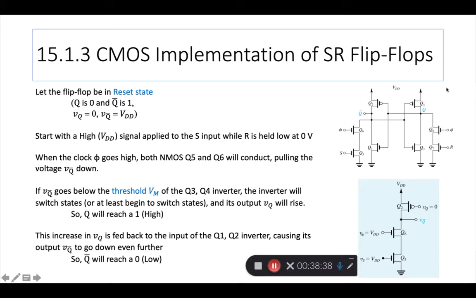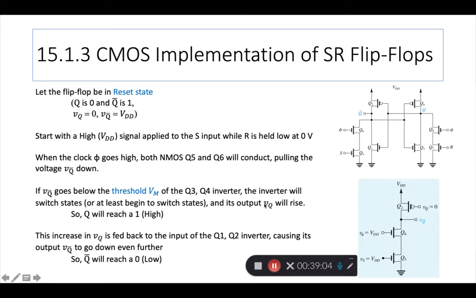Now the same thing can be shown for the reset, which unfortunately I haven't written here, but the same logic holds, right? So when S goes 0, R goes high, and the clock goes high, then we can see that this Q bar output can be shown to go high and Q will correspondingly go low.